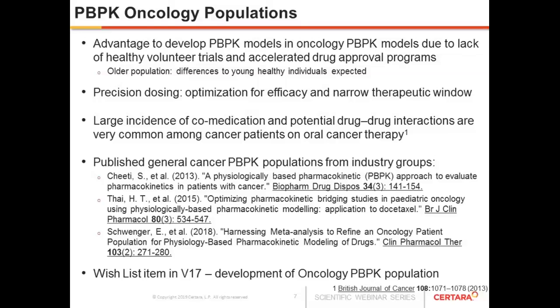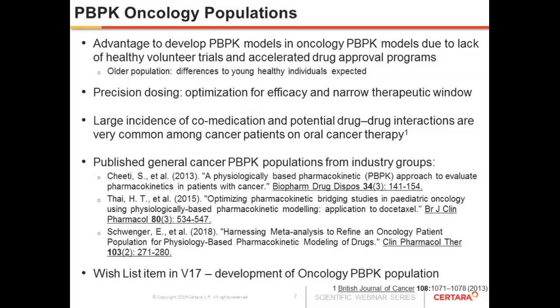Another point which I'll come on to a bit later is the fact that there are differences that you would expect between young, healthy individuals and the older population. And in general, cancer is a disease of the older population. Looking to the future as well, a hot topic in many fields is the impact of precision dosing.